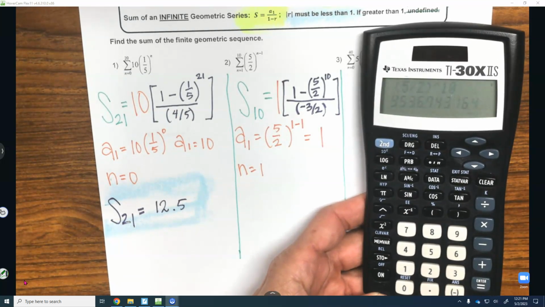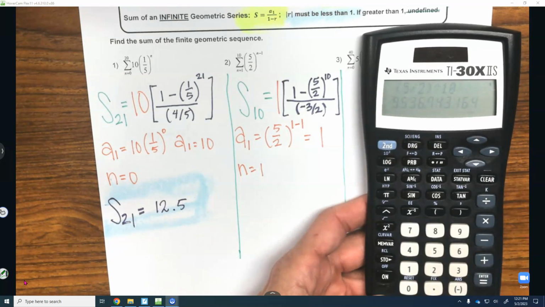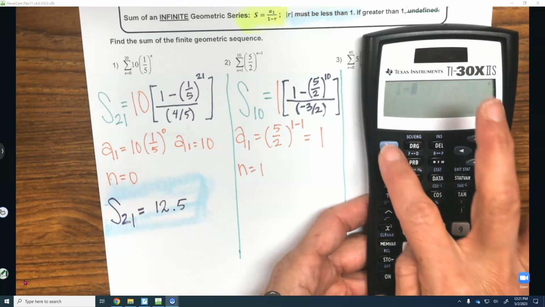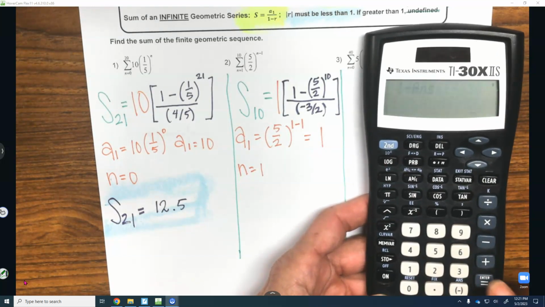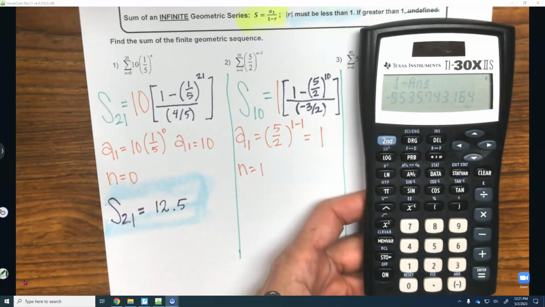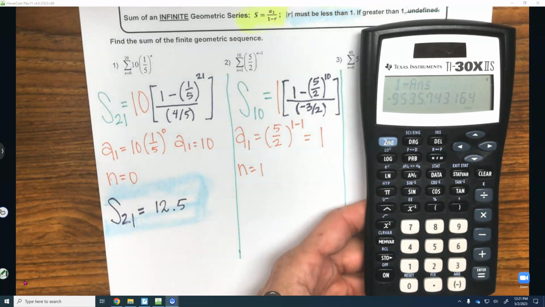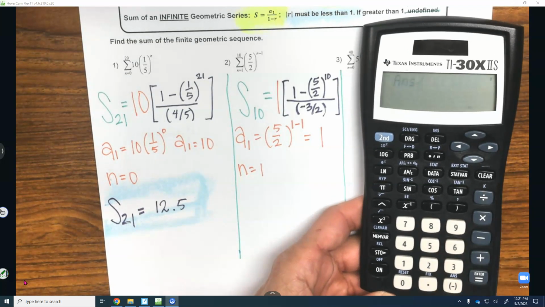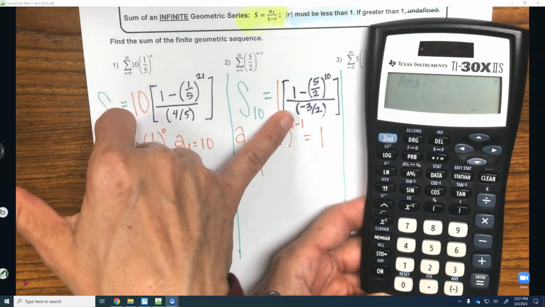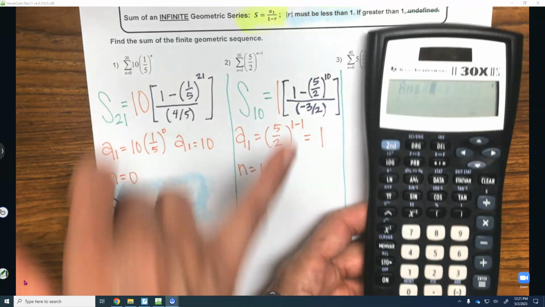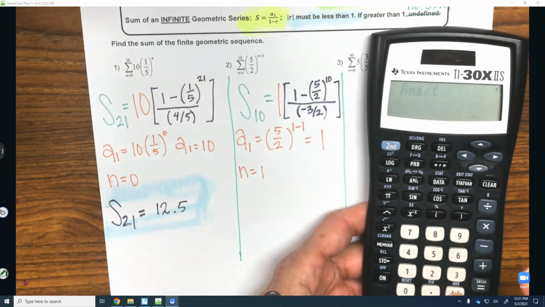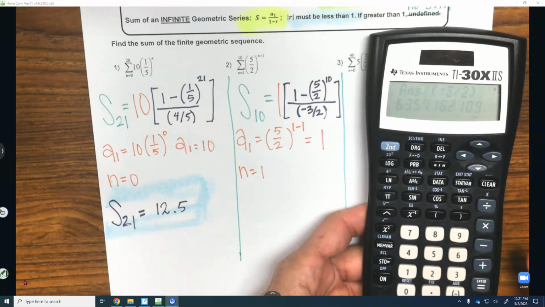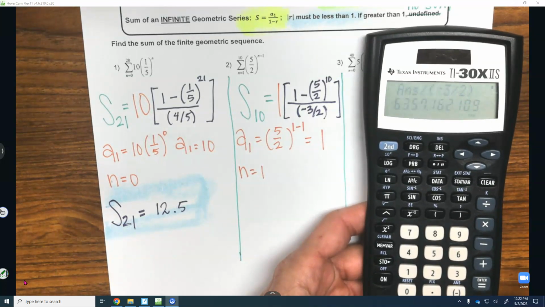Now remember, that is going to be 1 minus this value. Let's hit the number 1, hit the minus button, and pull up that previous answer. So remember, that's the numerator. We have to divide by the denominator. So to divide by the denominator, do not forget to put this in parentheses. Do not forget your negative sign. So we're going to divide by -3 divided by 2, and you're going to get like 6,000 something. That is the correct answer.